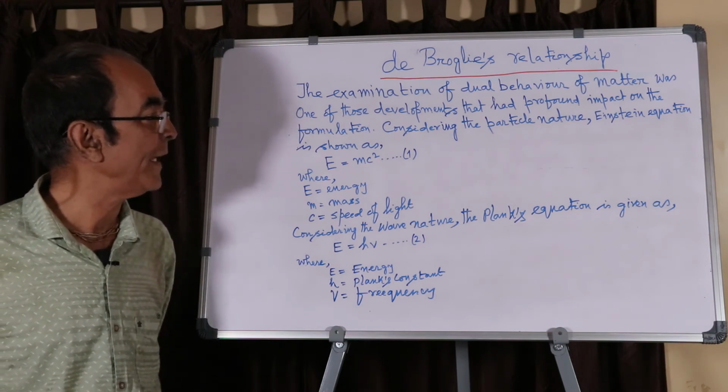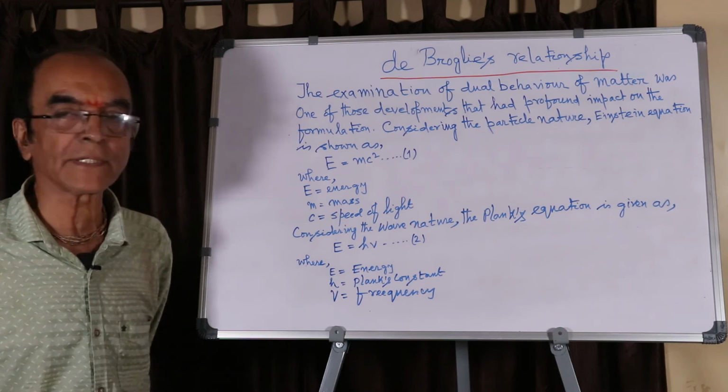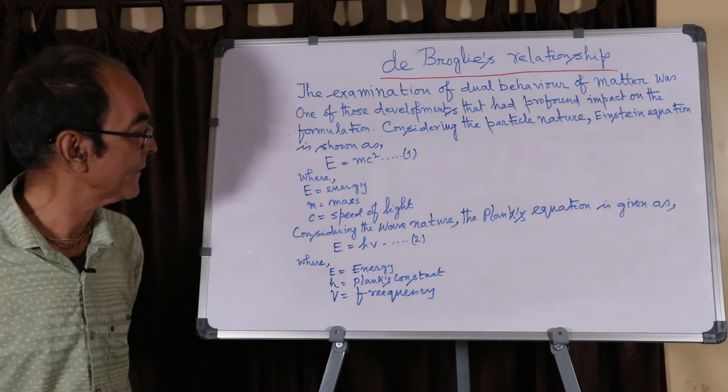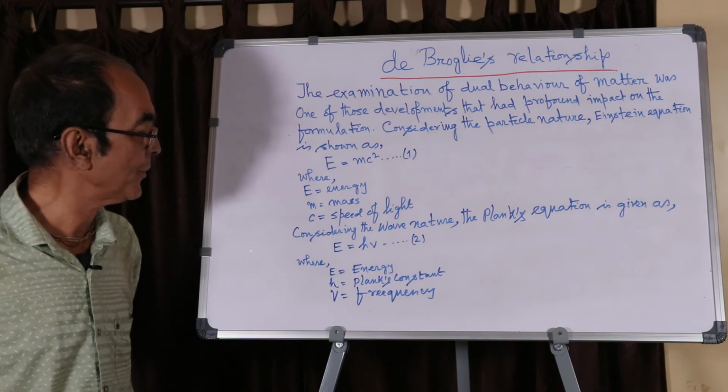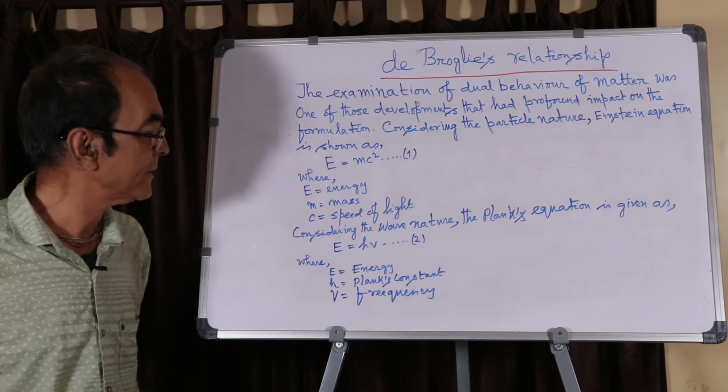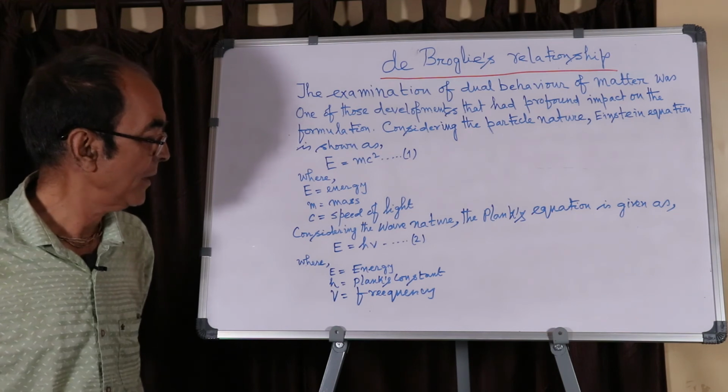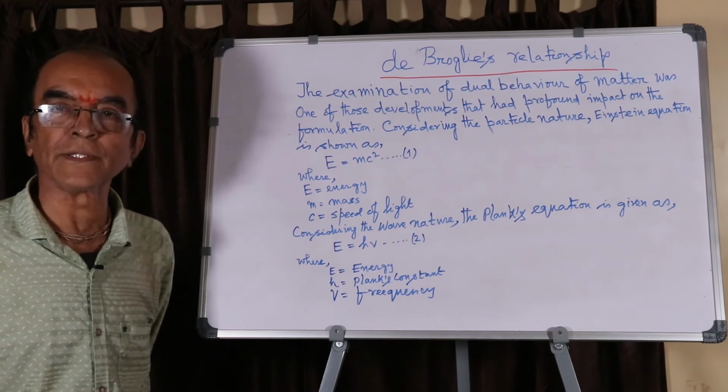Considering the wave nature, Planck's equation is given as E = hv, where E is energy, h denotes Planck's constant, and v denotes frequency.